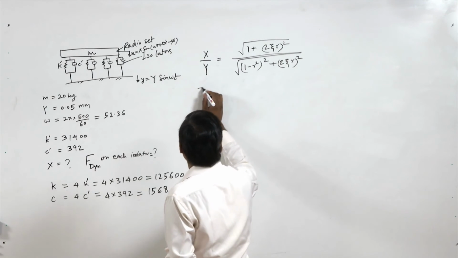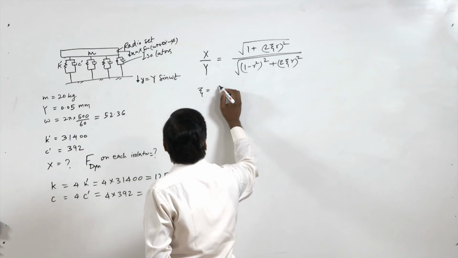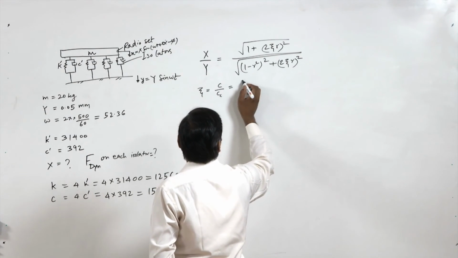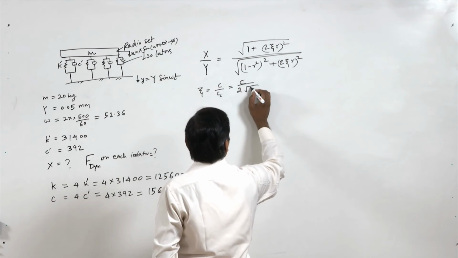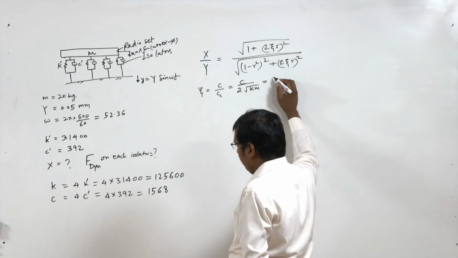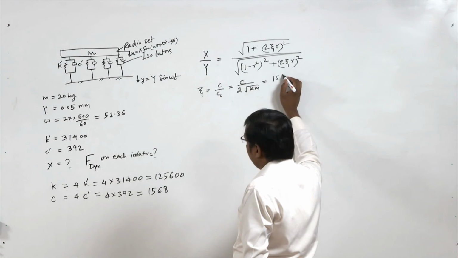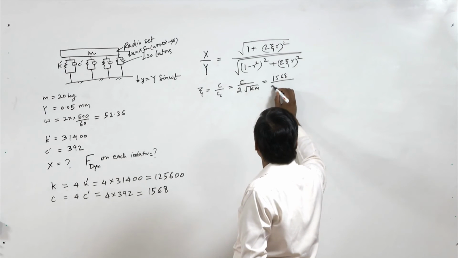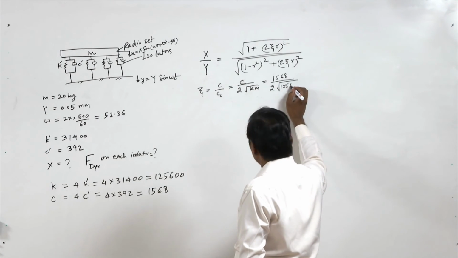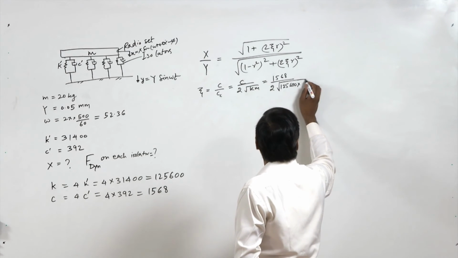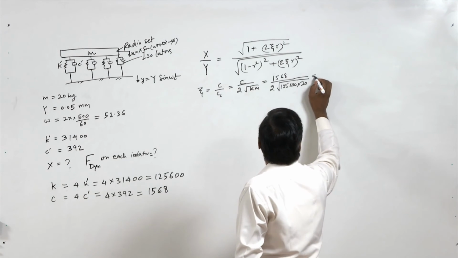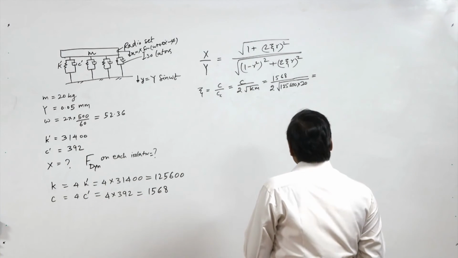So zeta equal to c by c_c, that is c by 2 root of k into m. So it is 1568 by 2 root of 125,600 into m, and m is 20 kg. So we can compute this.